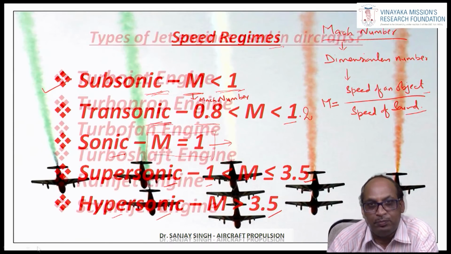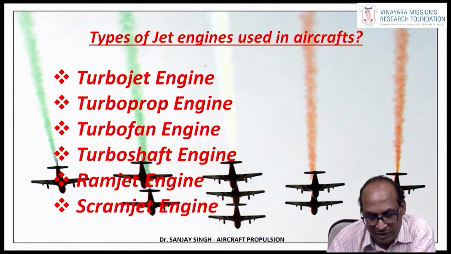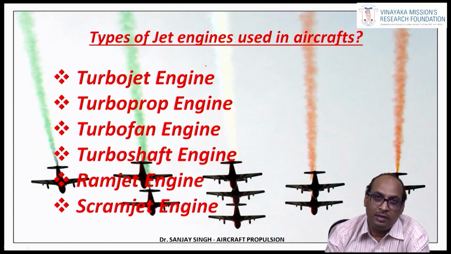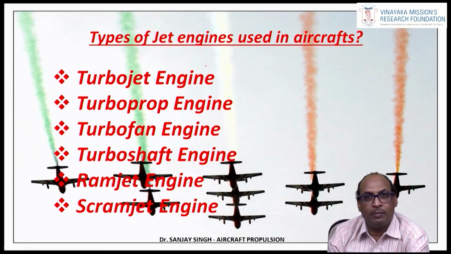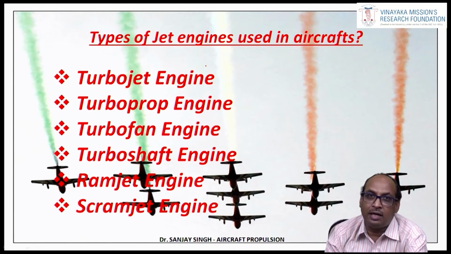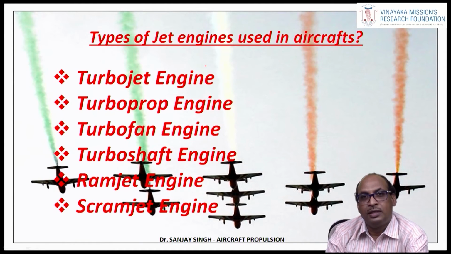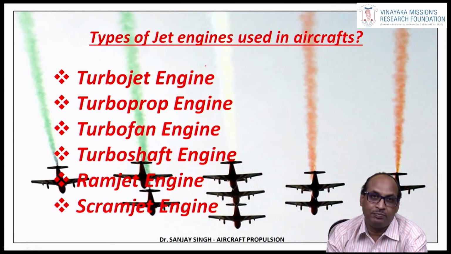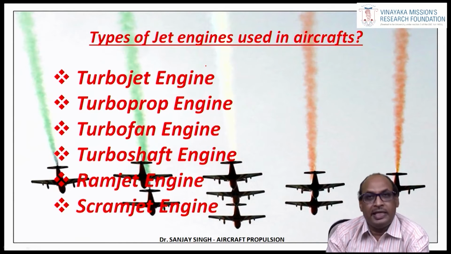Some of the aircraft only are in a position to travel at very, very high speed, at supersonic speed. Now, I am going to have a discussion on types of jet engines used in aircraft. As I have already discussed types of piston engines used in aircraft, we did not go into detail because jet engines are used mostly in the present scenario in all commercial aircraft and all fighter aircraft. Whatever the utility of the aircraft in different categories, these jet engines are used.